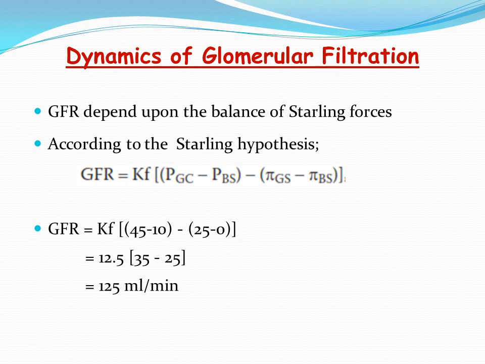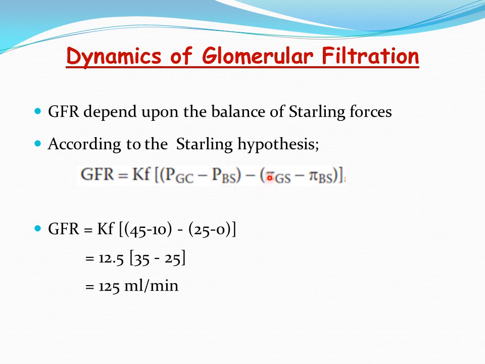That will depend on the permeability of the filtration membrane, the glomerular membrane state. Then this PGC: P stands for hydrostatic pressure and GC stands for the glomerular capillary, so this is the hydrostatic pressure of the glomerular capillary. Then PBS is the hydrostatic pressure of the Bowman space.